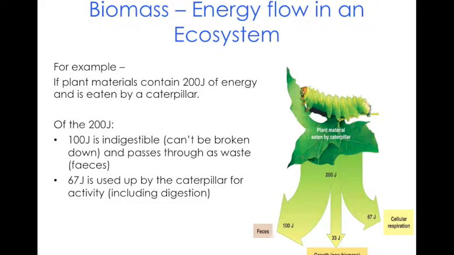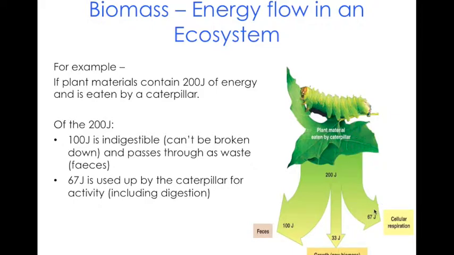We could say that to digest the leaf in the first place, the caterpillar needs to invest 67 joules of energy, and just to move around and have cellular respiration, it requires part of that 67 joules as well.